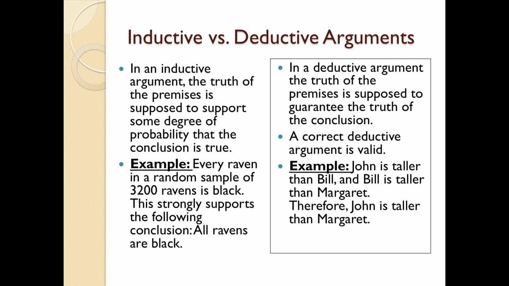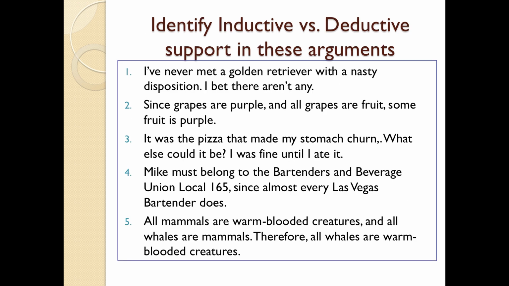Therefore, John is taller than Margaret. This is very clear-cut, right? What you're saying is if John is really taller than Bill, and Bill is taller than Margaret, it's absolutely true that John is taller than Margaret.